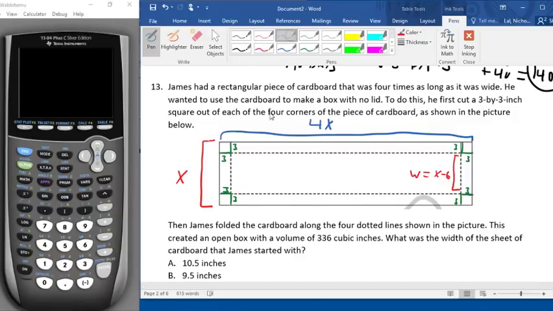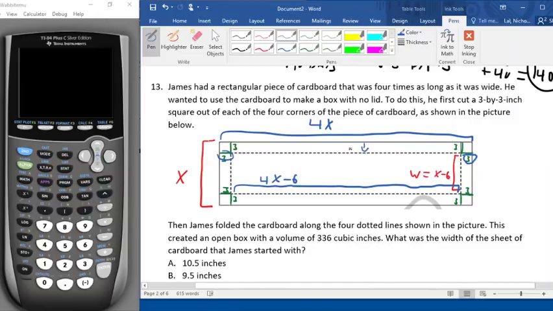And our length will be 4x, but we're taking away a 3, and we're taking away a 3. So our length is going to be 4x minus 6, and the height is going to be 3, because when we fold this corner up, the height is going to be 3.